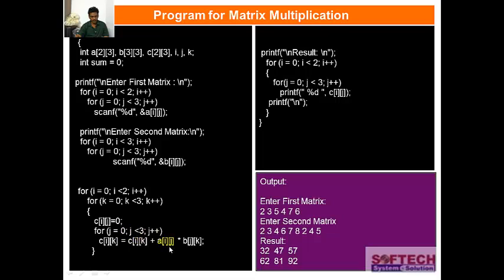Now j is 1: A of 0 1 into B of 0 1. A of 0 2 into B of 2 0.